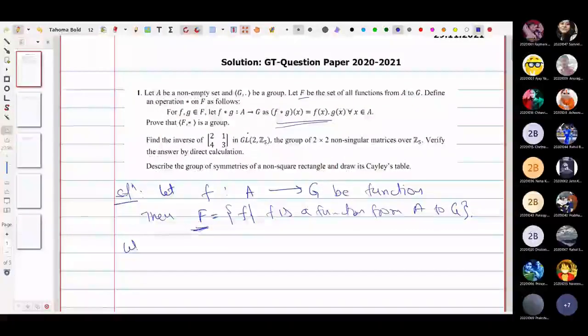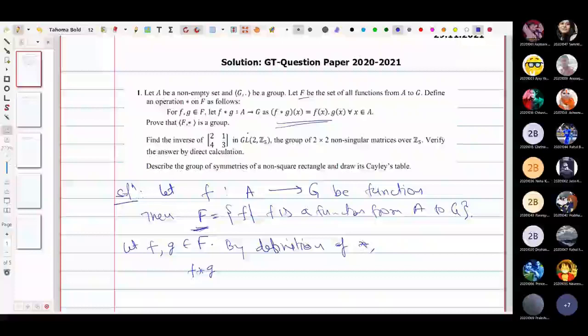So we can take let f and g belong to capital F. It means that they are functions from A to G. By the definition of star, we have f star g.